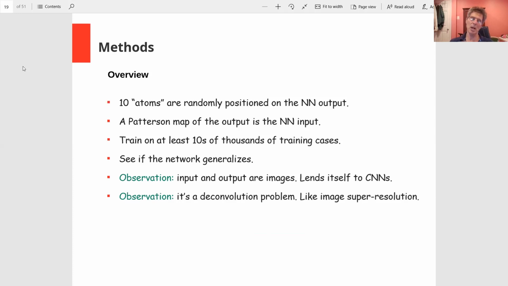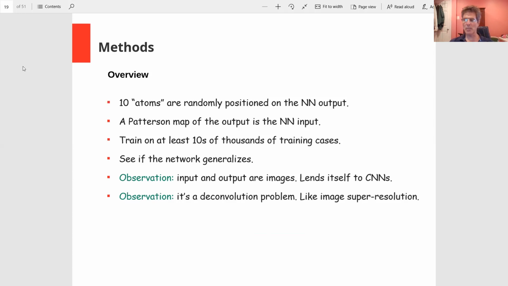I trained it on a lot of molecular dynamics simulations with long trajectories to see if the network could learn to take the next step in a trajectory. I had some success with that. It can do a short number of steps, but it can't really continue the trajectory for a lot of steps.